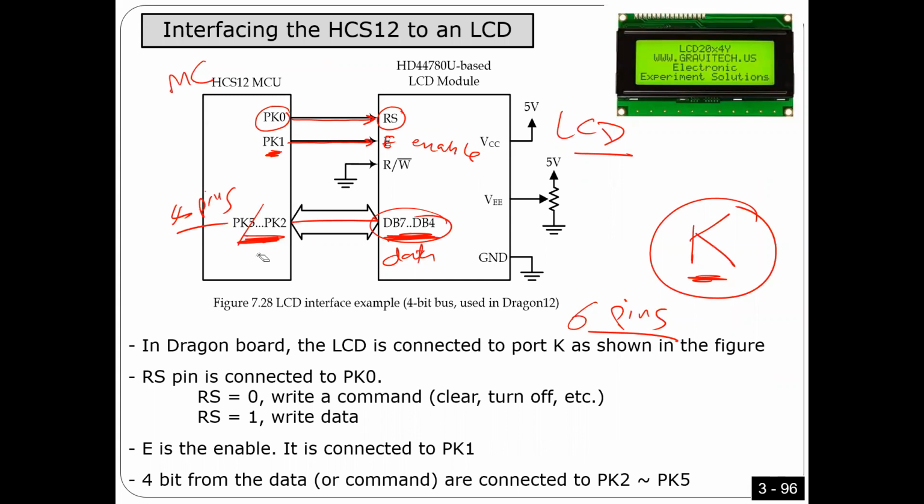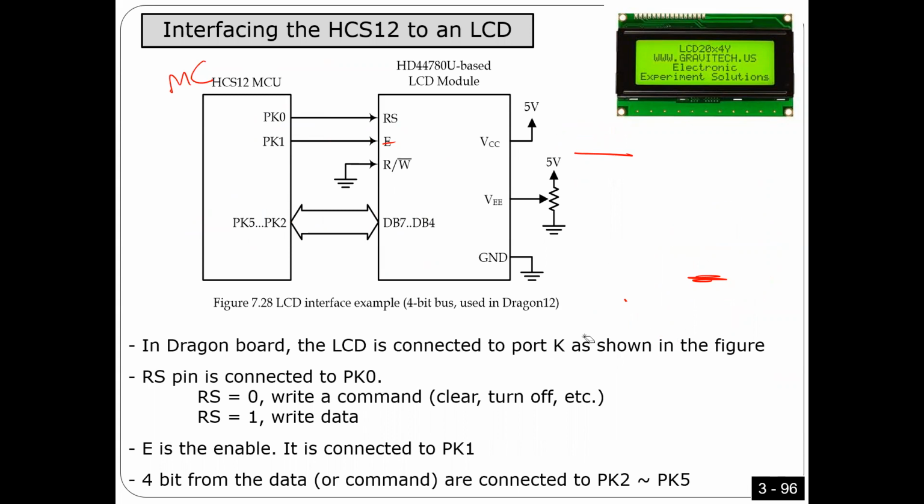Before we use it, I don't need to say it, but I'm going to repeat it here because we are using six pins: you have to program these 6 pins as output. We always do that. For any port, before you use the port, you have to program it as input or output. In this case, all of them are output, okay?